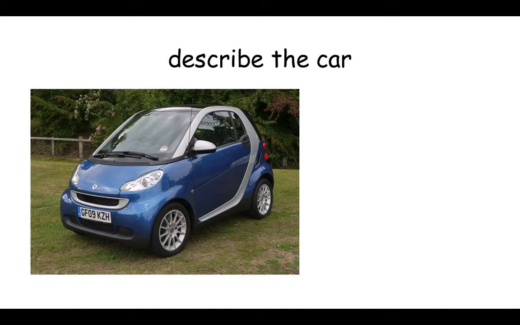Now, if I said, describe the car, you could say, well, it's blue and it's gray. It's small. And we use this and it's helpful because if somebody has never seen your car before and you ask them, oh, can you go grab this out of my car? Can you go get this out of my car?